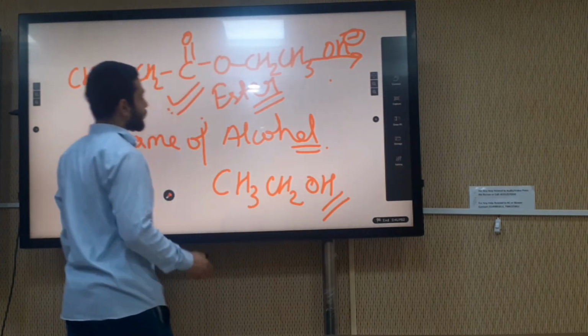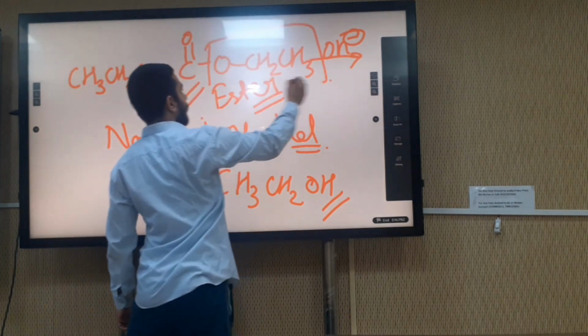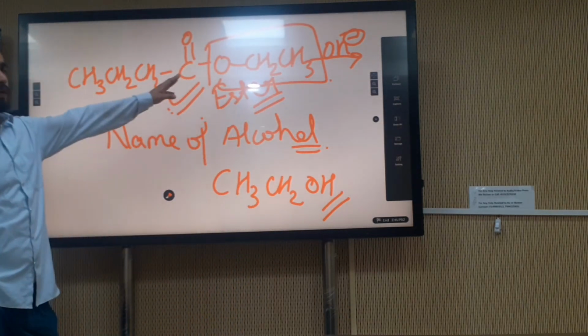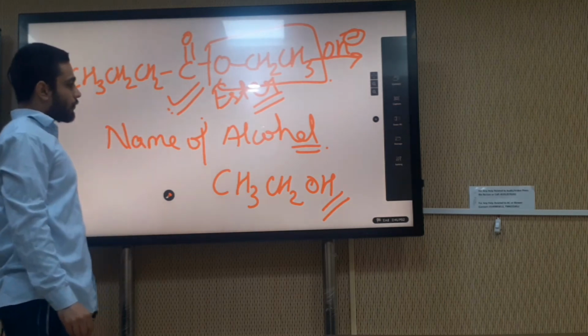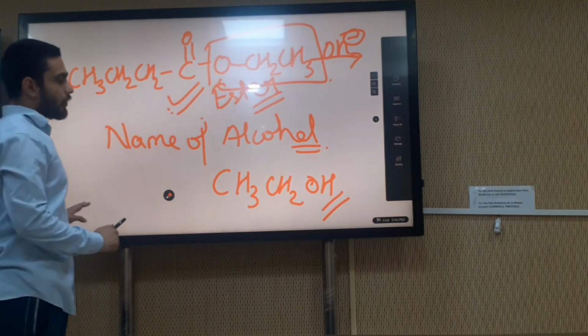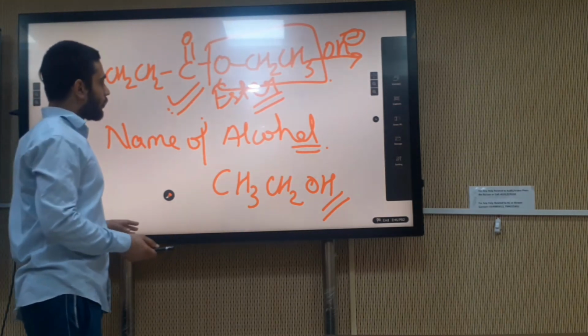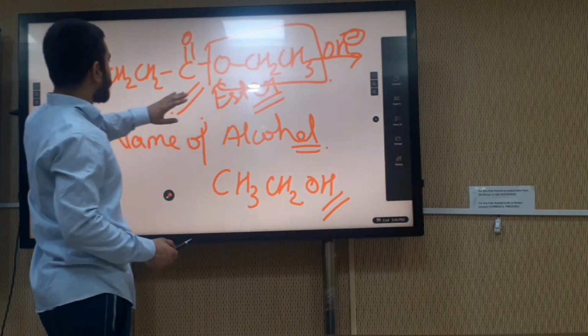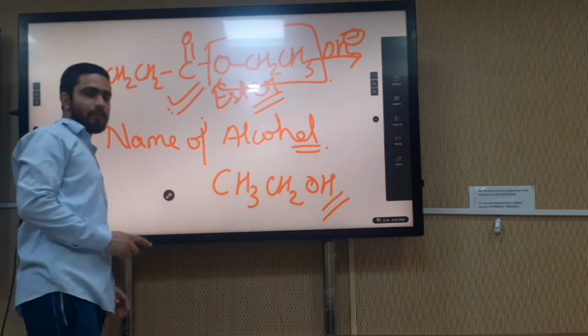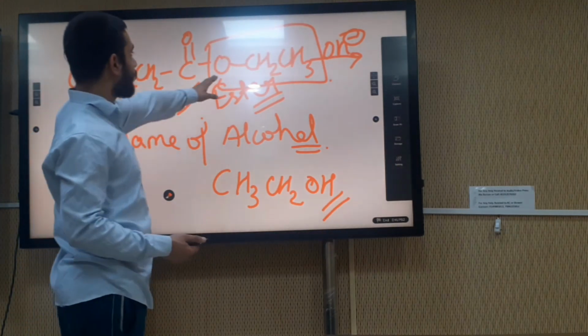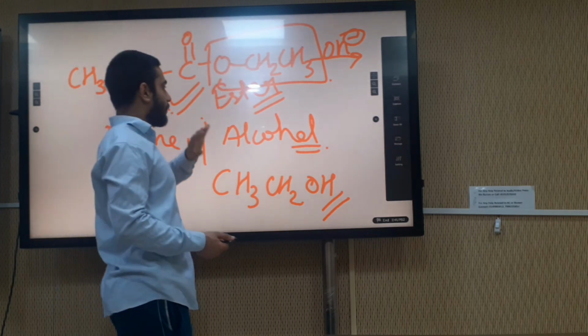We just have to see the structure and add H, and then tell the answer. We don't have to solve the whole question or remember anything. If this structure is given and we are asked which alcohol will be formed, we can easily tell that ethanol will be formed.